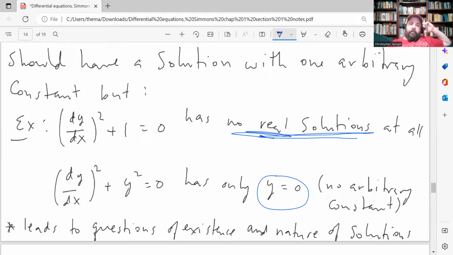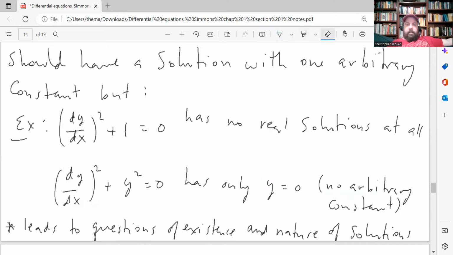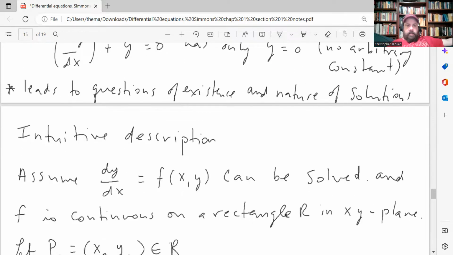So, sorry, I should say no non-zero constant works. So this leads to questions of existence and the nature of solutions of differential equations, and we have a theorem that tells us about that.